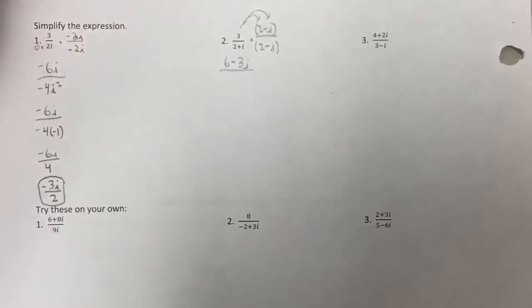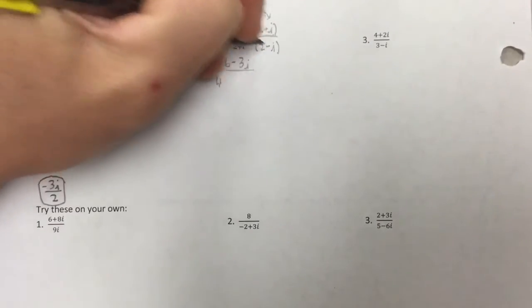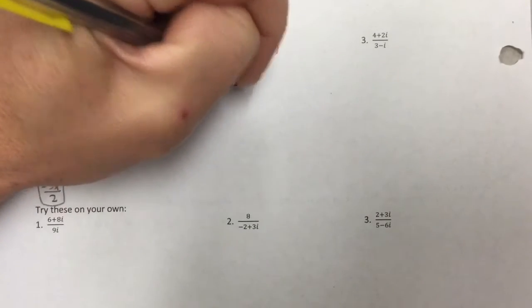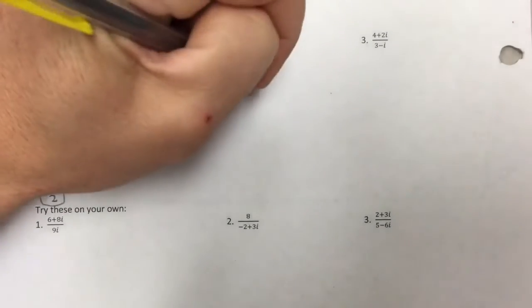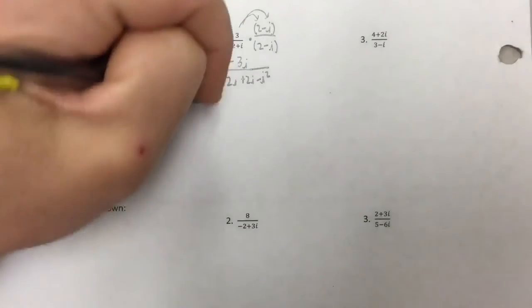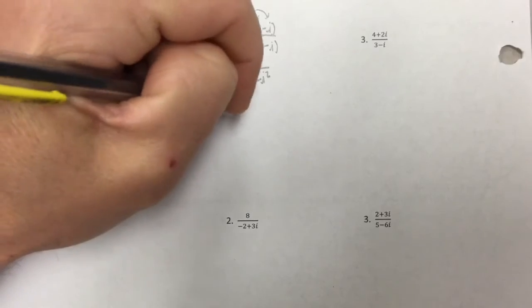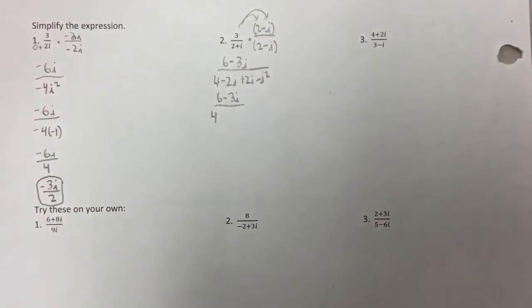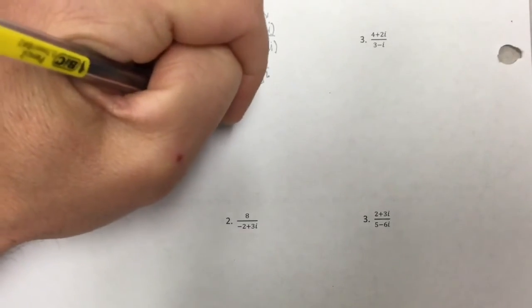And on the bottom, I'm going to FOIL. 2 times 2 is 4. 2 times negative i is negative 2i. i times 2 is positive 2i. And then i times negative i is negative i squared. So that gives me 6 minus 3i divided by, I have 4. Negative 2i plus 2i is 0, minus i squared.